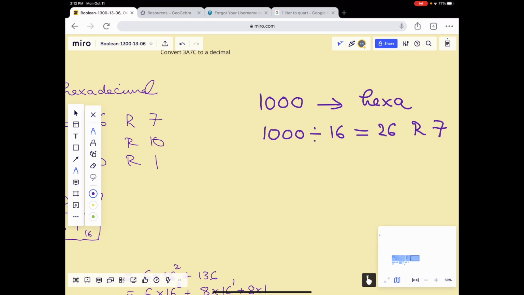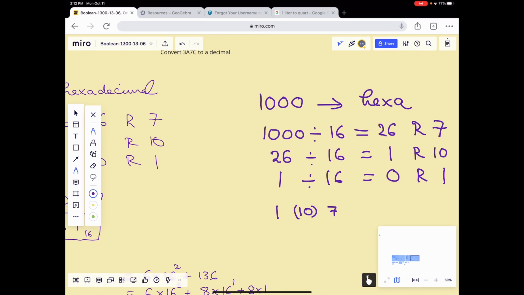Okay, and you take 62 divided by 16 equals 3, and remainder equals 14. And 3 divided by 16 equals 0, and remainder is 3. So you write out 3, 14, and 8. And 14 is E, so write out 3E8 hexadecimal.